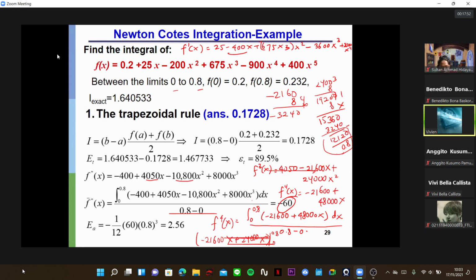If we want to find the mean value, we can find it by finding the integration of the function, which will be the area underneath this curve. So this is the curve, the equation for the second derivative. To find the average, we do the integration and then divide it by the interval length. So this is the difference. With the bar sign here, it means that this is the average.